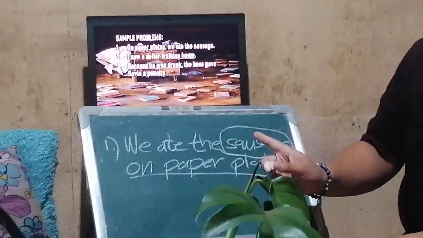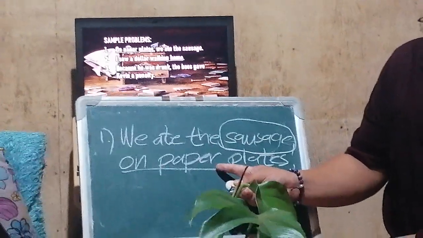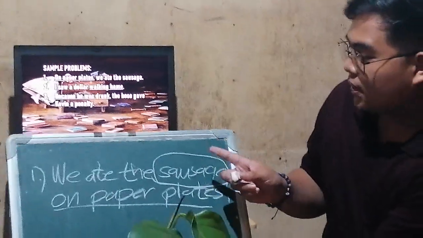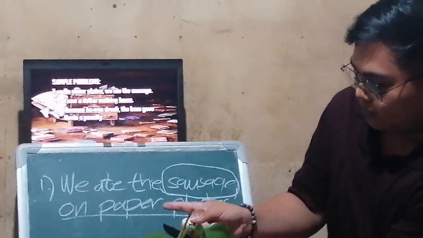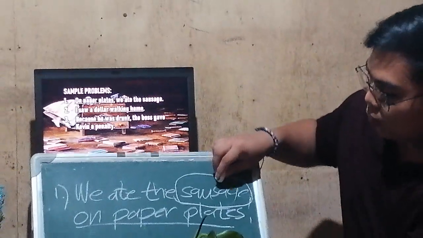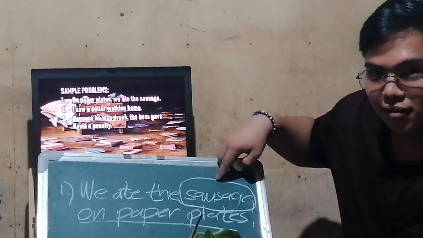And this is correct, because what you're supposed to be modifying is the sausage here. So you should place the sausage next to your modifier, which is "on paper plates," which now implies that what's on paper plates is the sausage.